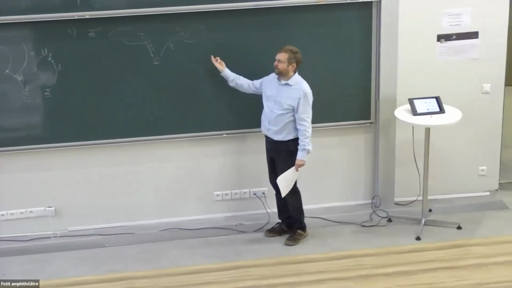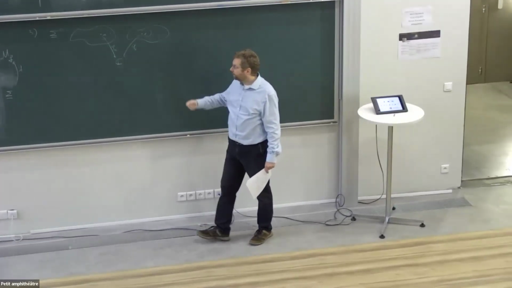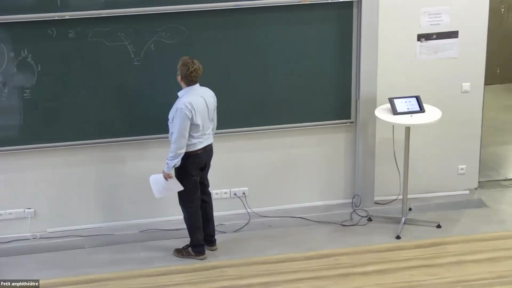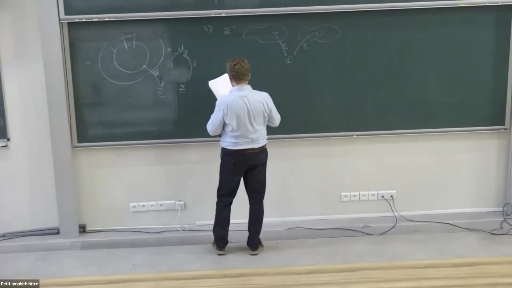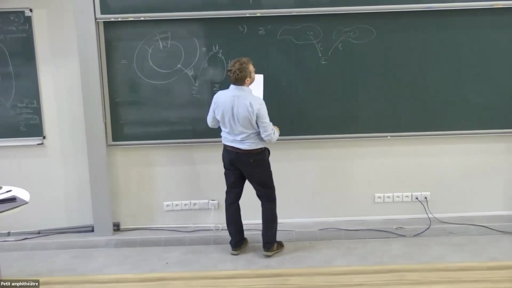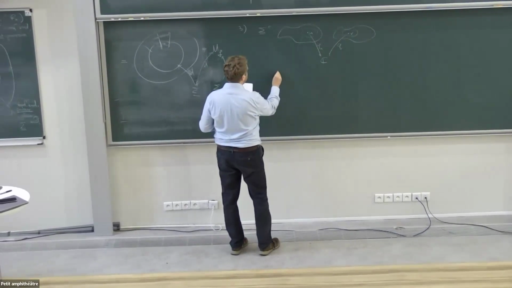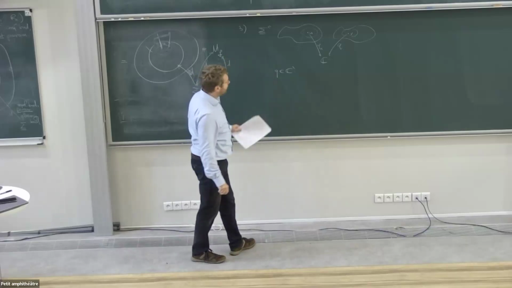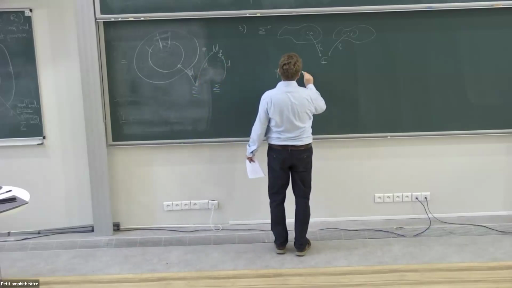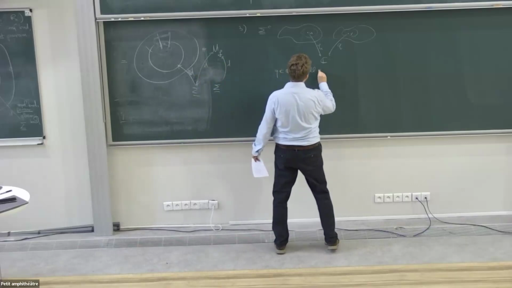And then out of this, I can define a new complex surface, so I get a new surface with complex structure by sewing. Let me pick a non-zero complex number Q, which I want to be small enough.